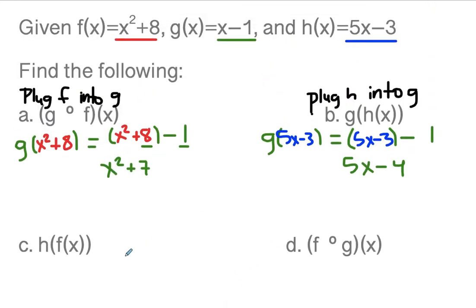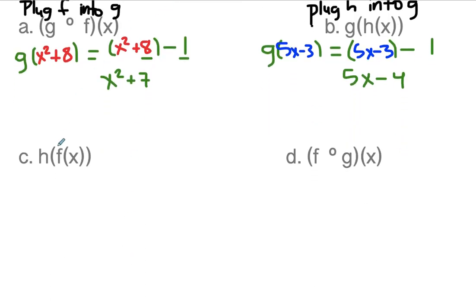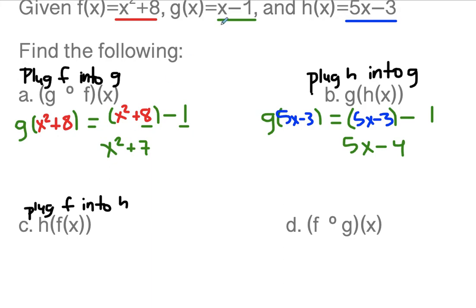So now, this is telling us to plug the inside value f into h. So we have, my h value is going to be 5x minus 3.